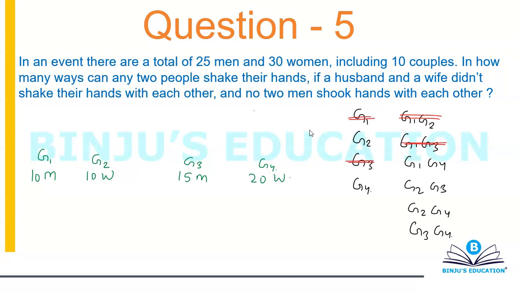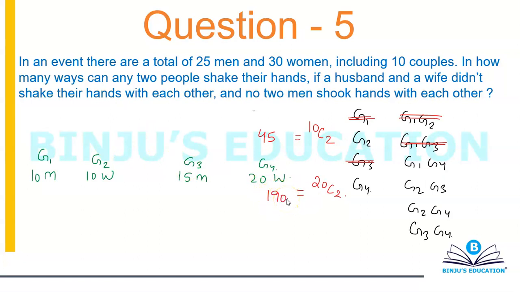So within G2, it will simply be 10C2. Within G4, it will be 20C2. 10C2 gives 45, and 20C2 is 20 into 19 by 2, that is 190.